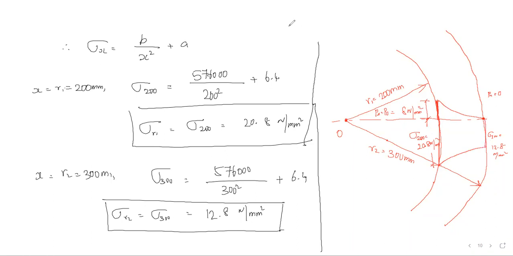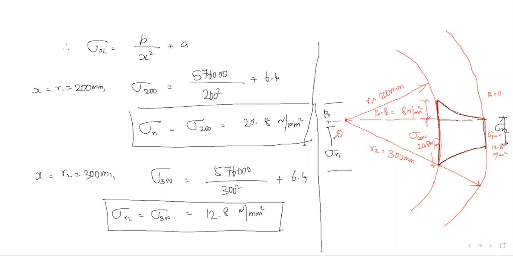So this is our diagram. Internally we can have two things: one is P naught plus sigma R1. Then on the outer side we have Px value equal to 0, so we have only sigma R2.